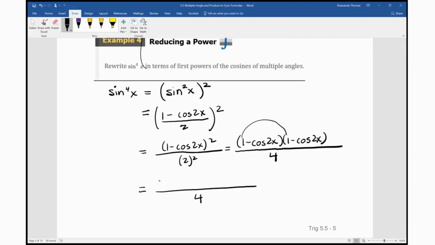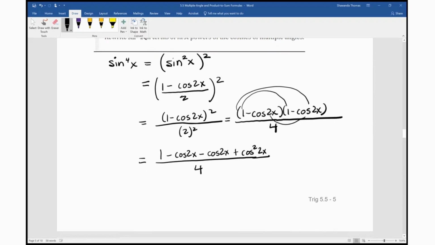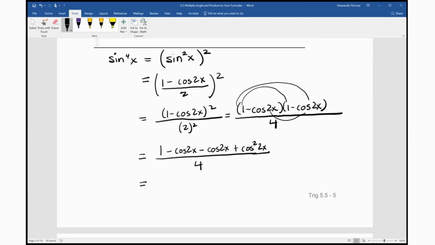1 times 1 is 1. 1 times cosine of 2x is negative cosine of 2x. Then another one. And then last, we have negative times negative. That's positive. Cosine of 2x times another cosine of 2x is cosine squared 2x. In the top here, you have like terms that you can add together. 1 minus 2 cosine 2x plus cosine squared 2x over 4.